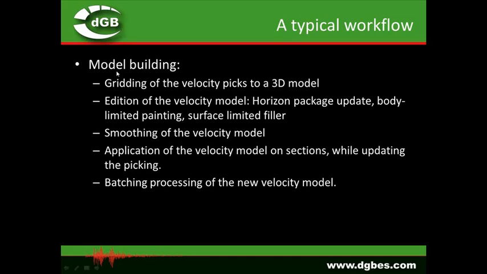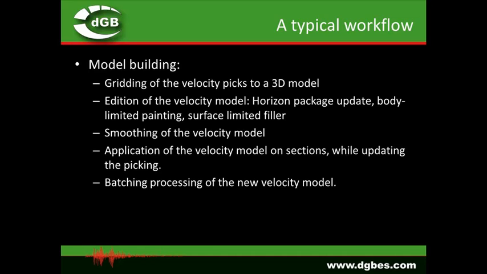Once the gridding has been done, you'll be able to edit your velocity model with a number of tools that are either a horizon package update, a body limited painting, or a surface limited filler, for instance. You also get a number of smoothing tools of the velocity model using 2D FFT time slice computation.